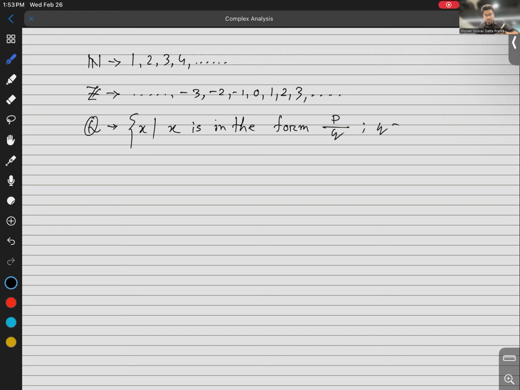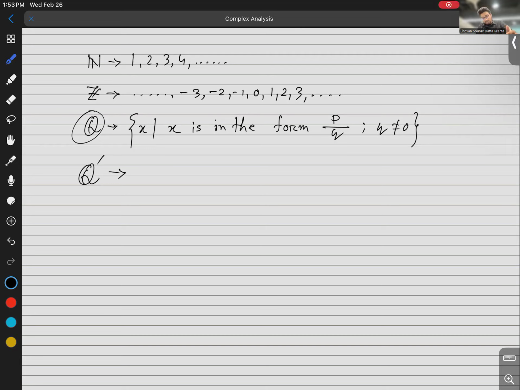And obviously, q is not going to be 0, because something divided by 0 is undefined and doesn't make any sense. So Q, the set of rational numbers, is all those numbers which we can represent using the ratio of two integer numbers. And there is another set, Q prime, or someone might represent it as Q complement.